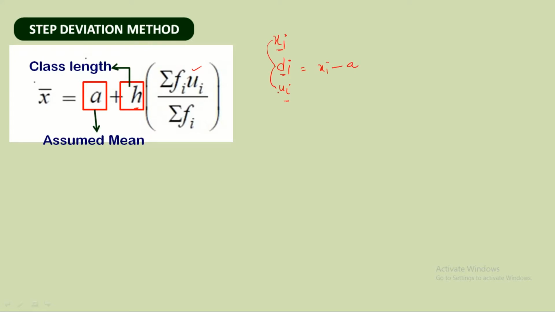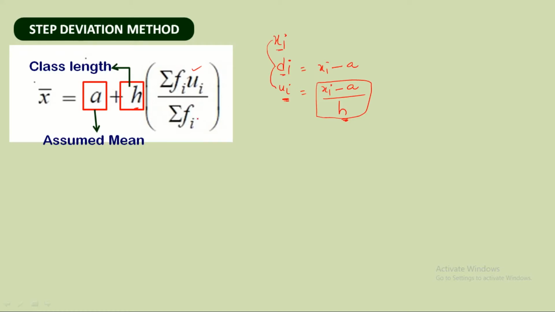And we have made a little modification, ui equals xi minus a divided by h. This h is nothing but the size of the class. By using this simplification, we can find the value of ui.